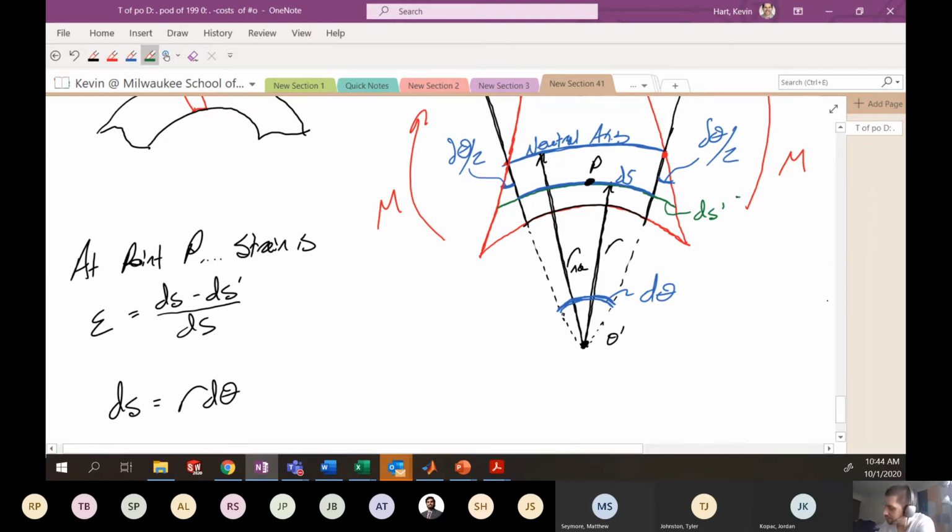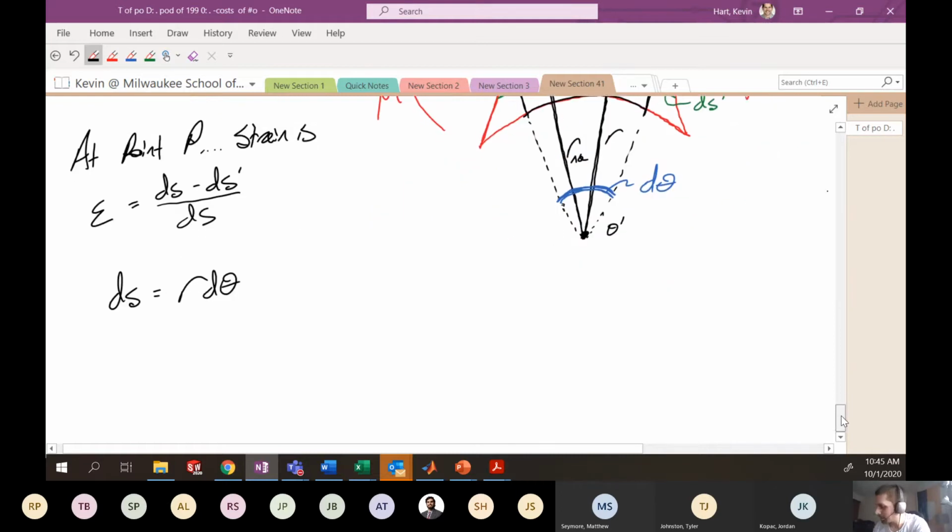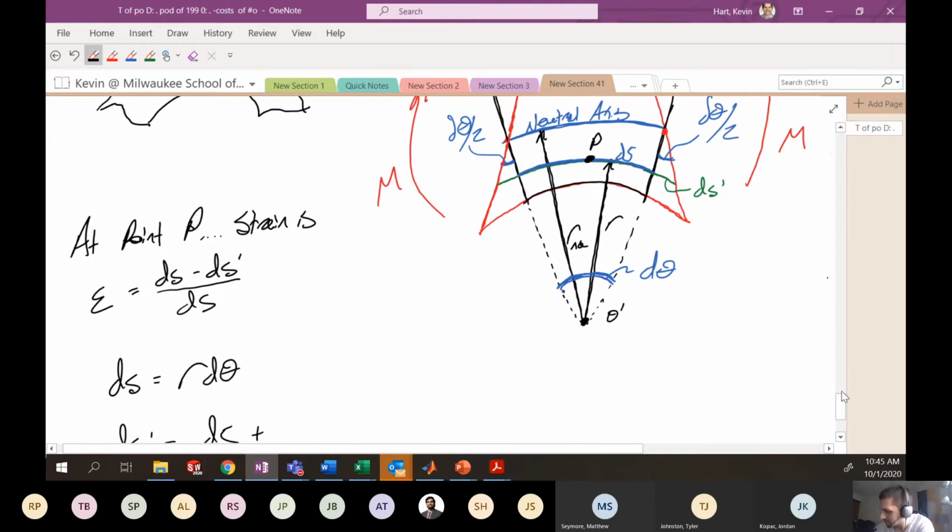ds prime here is that original length ds plus the additional bits on the sides here and here. Okay? So ds prime is going to be the original bit, which is ds, plus those bits that get added on the sides, like this guy.